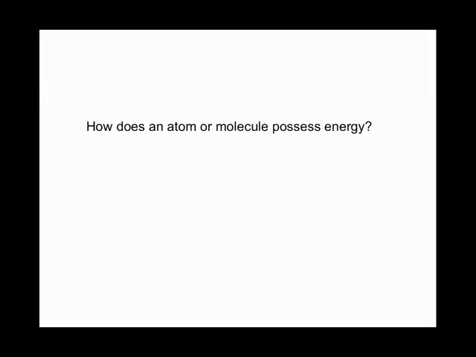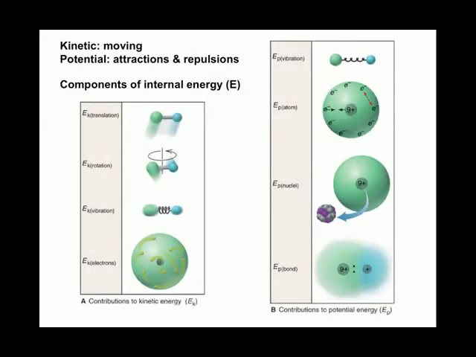So how does an atom or molecule possess energy anyway? Here's a nice chart that shows you some of the different types of kinetic and potential energy. On the left, we have a chart showing various types of kinetic energies that a molecule will possess. Here we have translational energy, which means a molecule moving from one place to another.